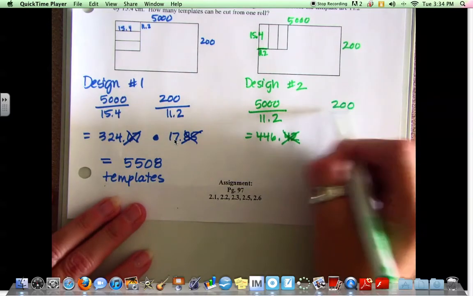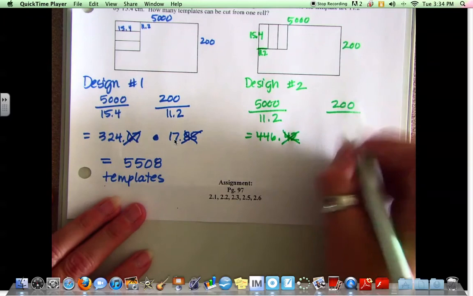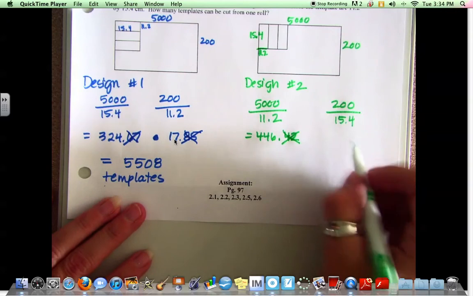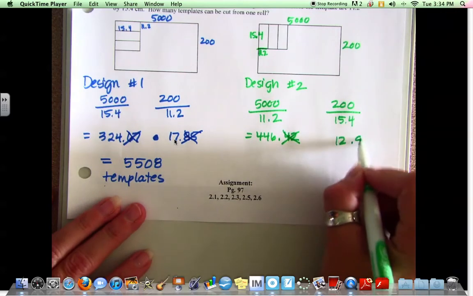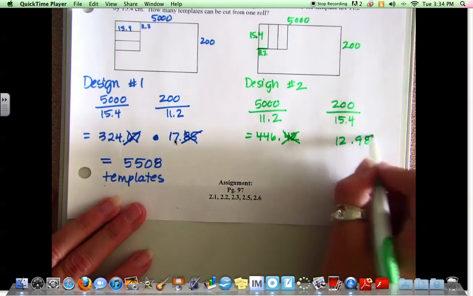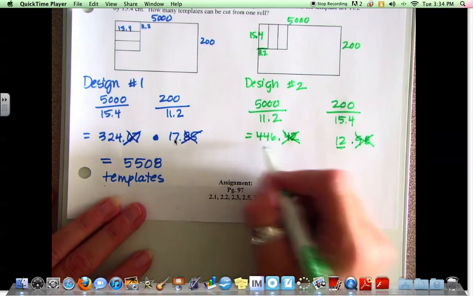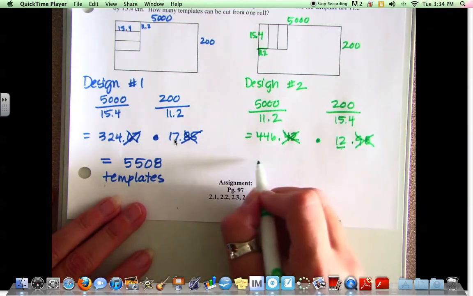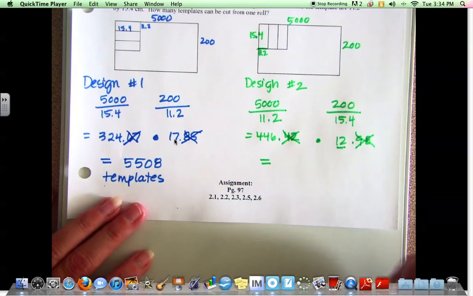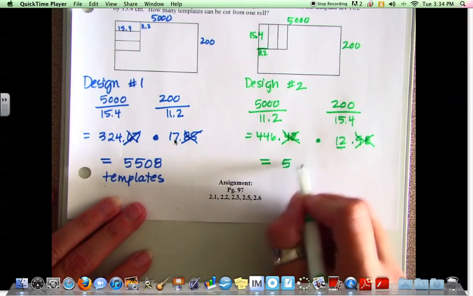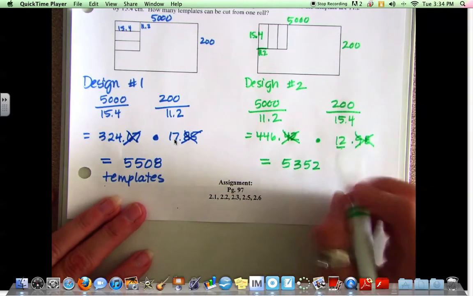We take 200 and divide it by 15.4. We get 12.98. We don't want the partials, we only want the wholes. And then we need to multiply the length by the width to see how many total templates we can get. So 446 times 12 gives us 5,352 templates.